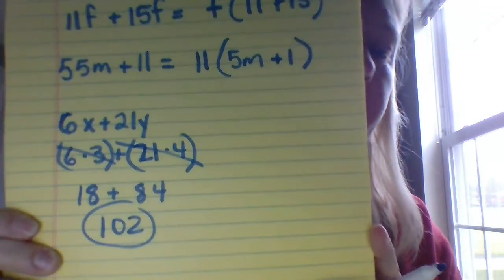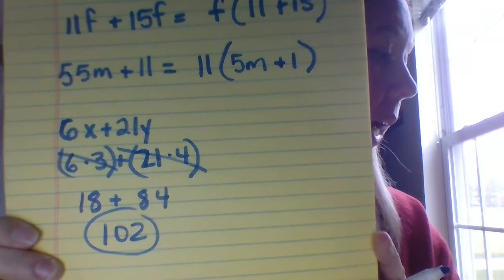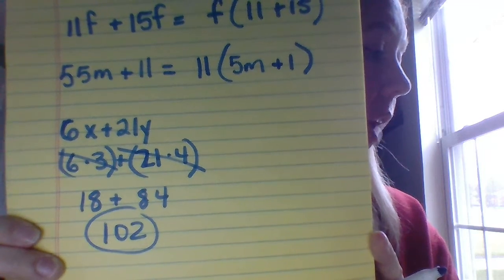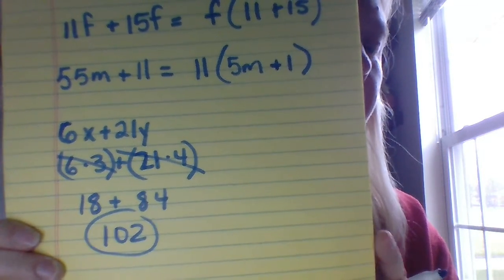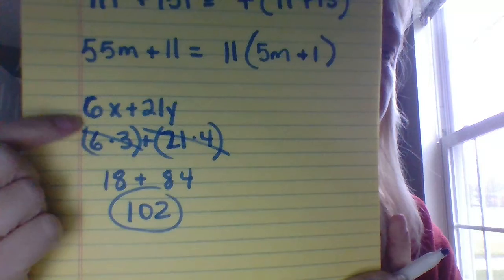In A, they also give you 3 distributed across 2x plus 7y, which is basically the same thing that we've done here. 3 times 2 is the 6, and then 3 times 7, that gives me the 21. So I would have 3 times 2 times 3, which is the 6, plus 3 times 7 times 4.